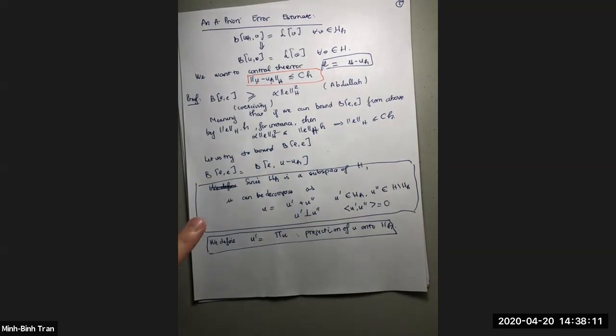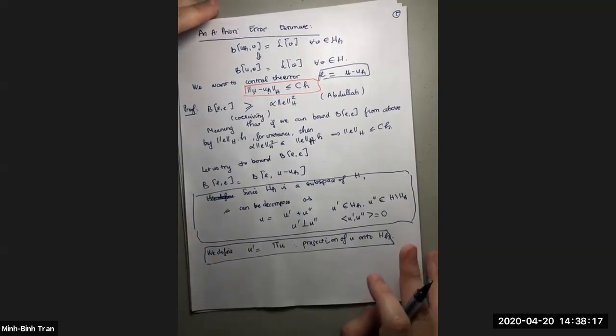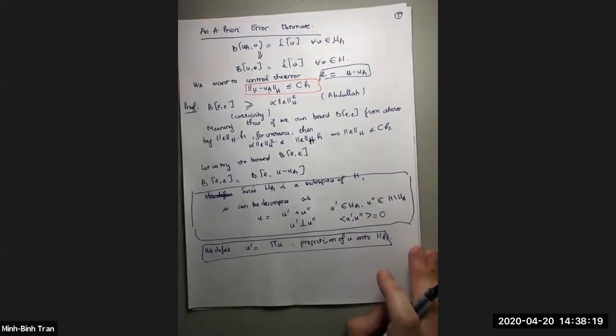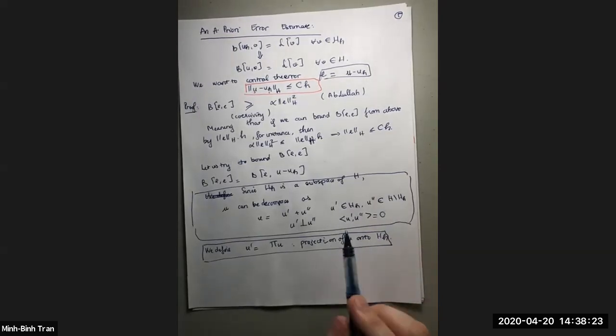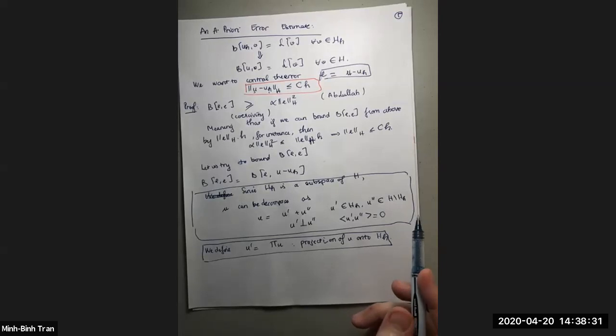So by definition, the error E will be U minus UH. Now because HS is a subspace of H, U can be decomposed as U prime plus U second, in which U prime is in the space HS and U second is in the difference between H and HS. These two components have to be orthogonal, right?